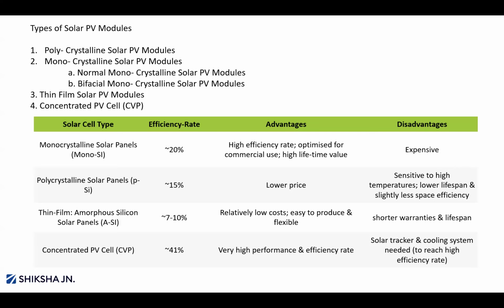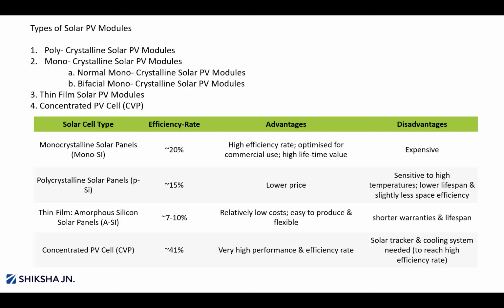Monocrystalline modules cost more compared to poly. If we pay higher prices but the efficiency is not good, there is no use in using mono. That's why earlier Indian developers did not use monocrystalline modules.